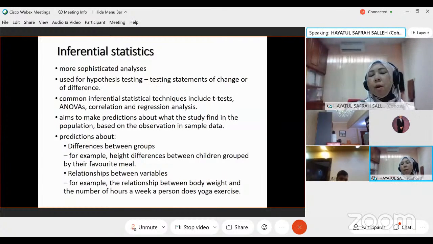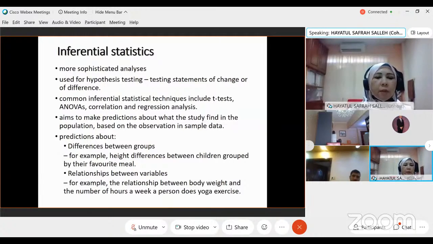From the findings that you get from your study, you can predict what will happen, and then you can suggest. That is how your study will contribute to new knowledge, or to the organization or the government.